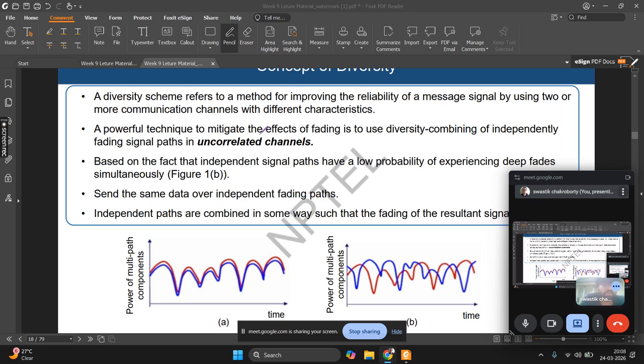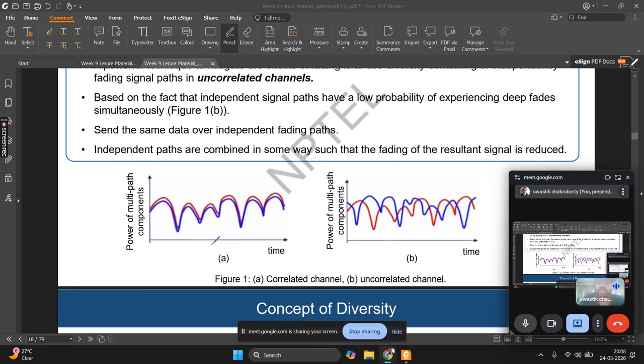Okay, so now we come to diversity. A diversity scheme is basically used when you have multipaths.